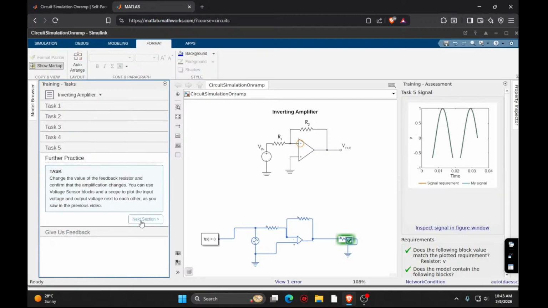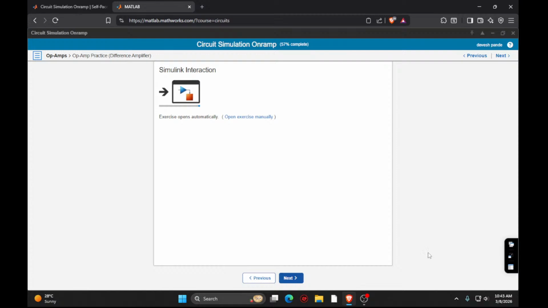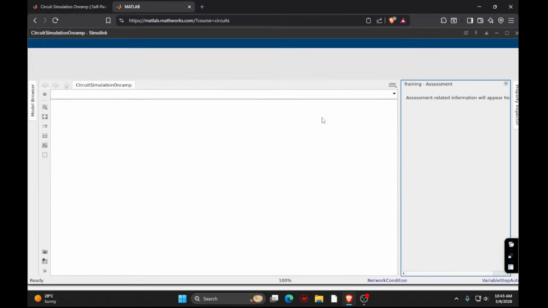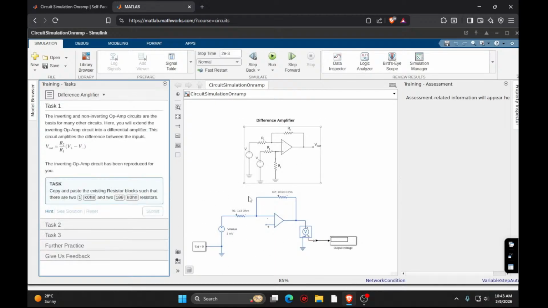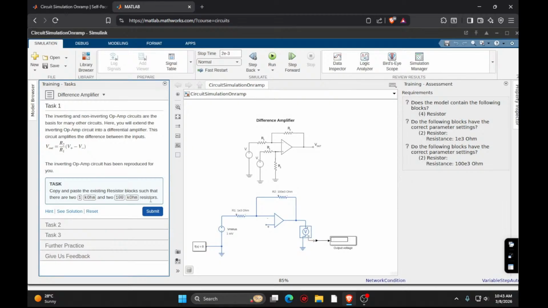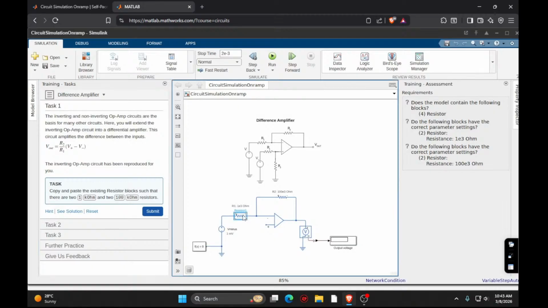Next session. Now copy paste the existing resistor blocks, so there are two 1 kilo ohms and 200 kilo ohms.